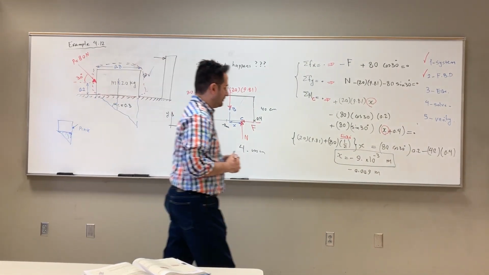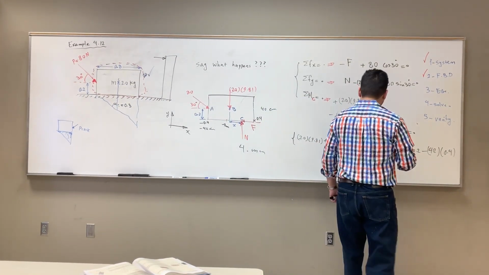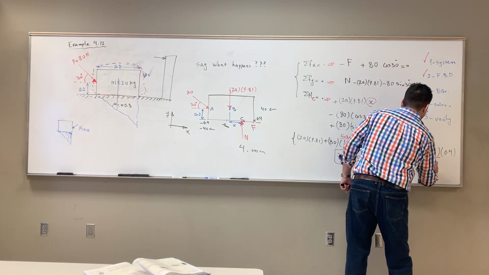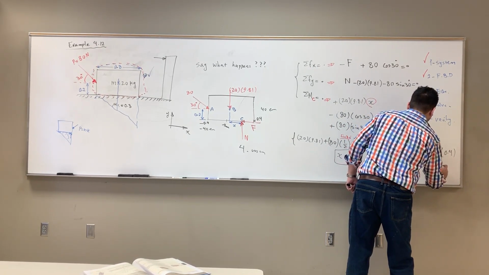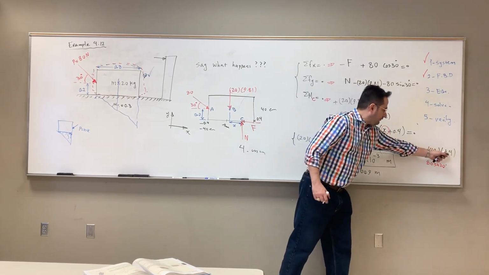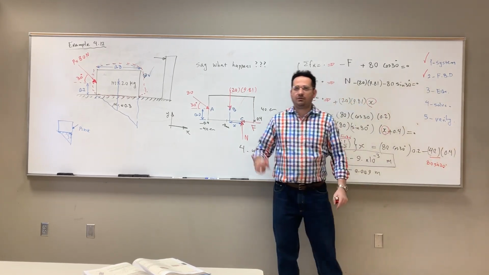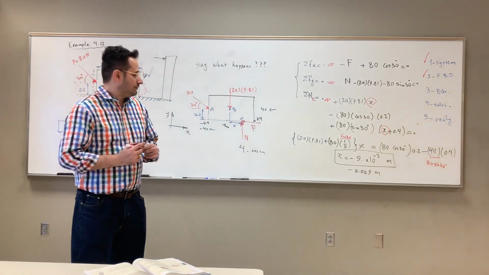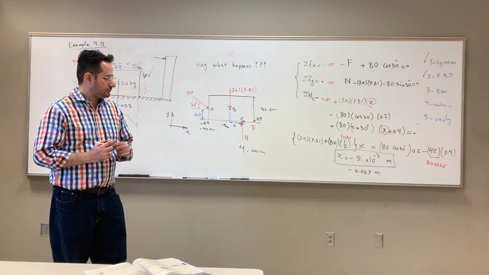This is 80 sine 30 multiplied by 0.4, and since you take it to the right hand side, you take the negative value. But you have 80 sine 30 on the left side too. So how do you have both?